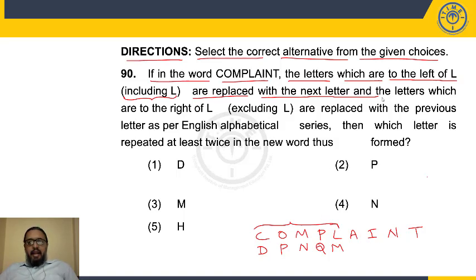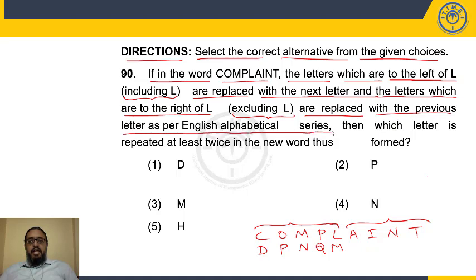Correct? And the letters which are to the right of L, excluding L, means the remaining, are replaced with the previous letter as per the English alphabetical series. So previous is Z, H, M, S. Then which letter is repeated at least twice in the new word thus formed?